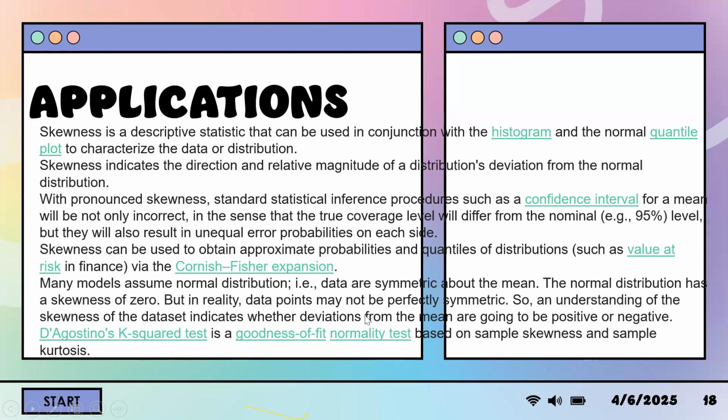So, an understanding of the skewness of the data set indicates whether deviations from the mean are going to be positive or negative. So, outliers above or below the mean or the mode are mostly considered. D'Agostino's chi-square test is a goodness of fit normality test, which is based on sample skewness and sample kurtosis.